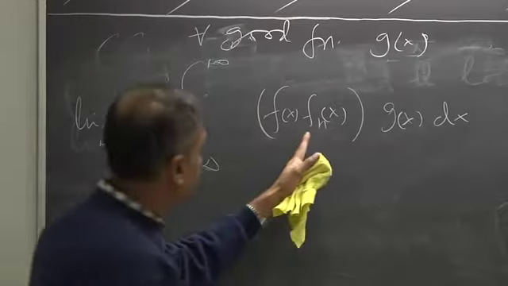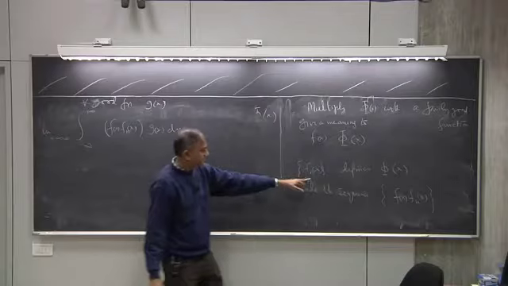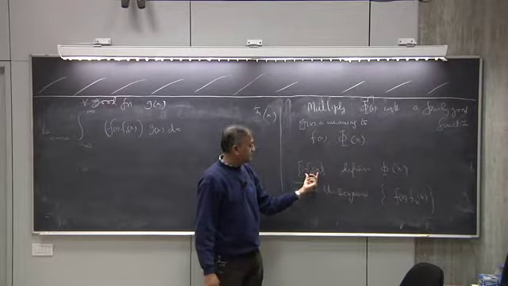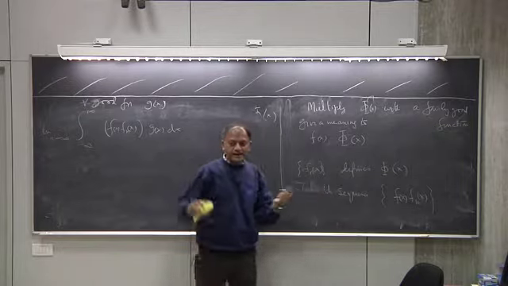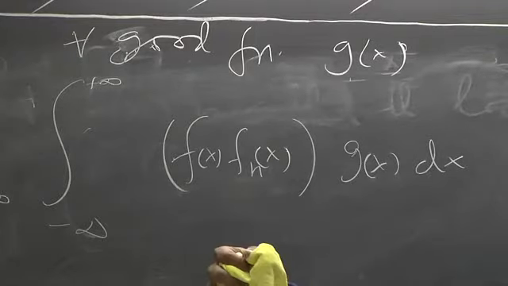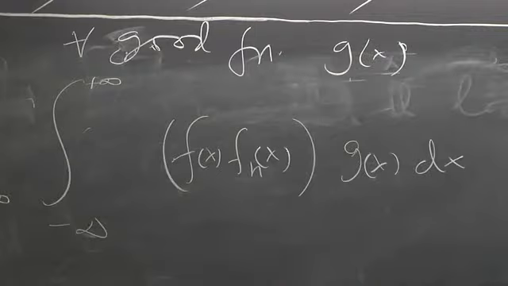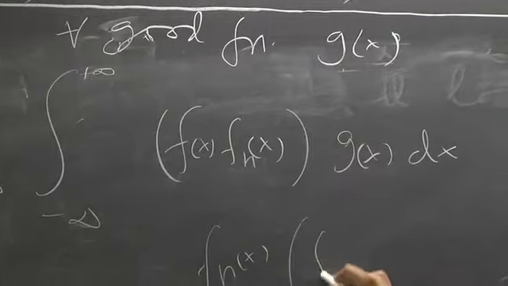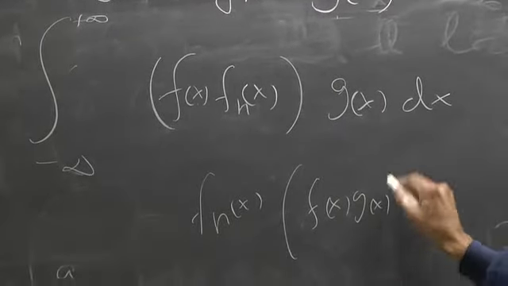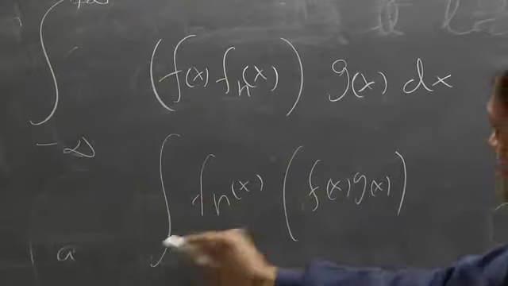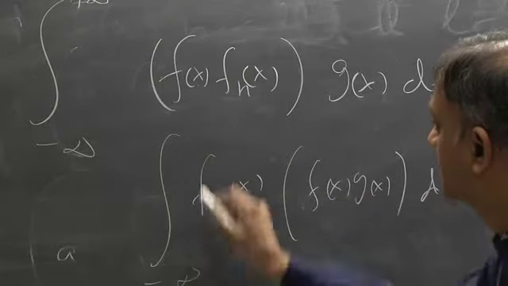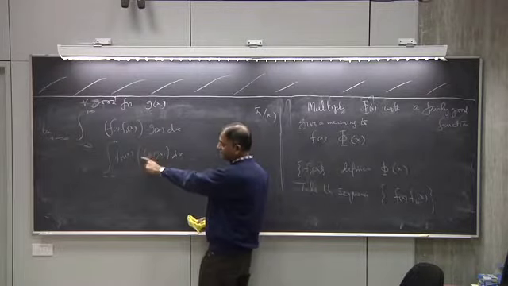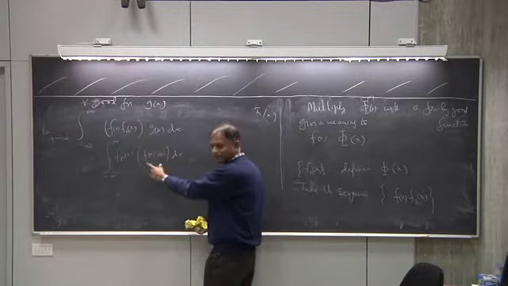But we already know that the f_n's define the generalized function phi(x). It means that the integral of f_n with any good function has a limit, right? But this thing is the same as the integral of f_n(x) times f(x) g(x) dx, right? But f(x) g(x) is a good function again, since f is a fairly good function and g is any good function.